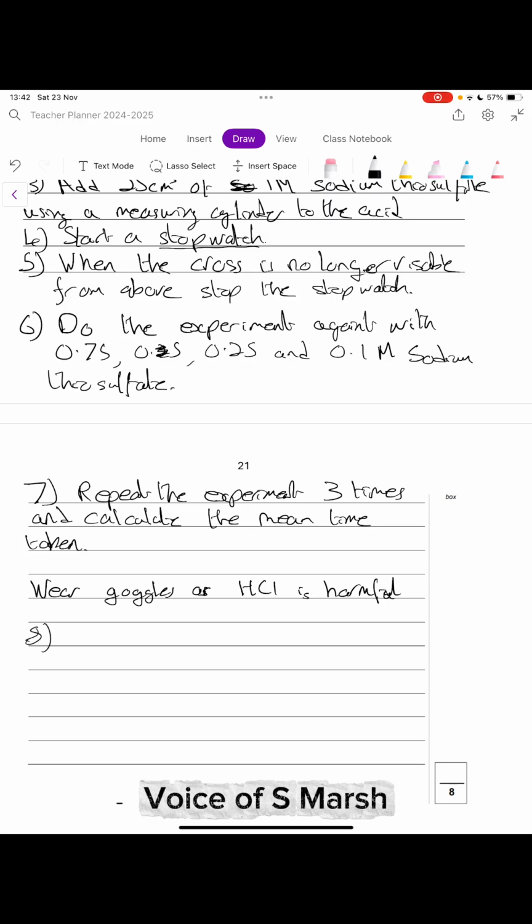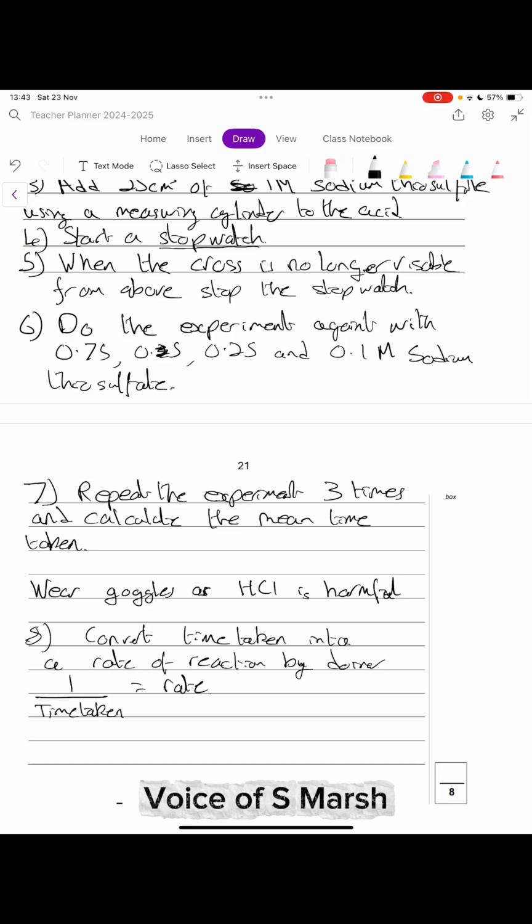And probably you wouldn't even need to say this to get 6 marks, but you can convert time taken into a rate of reaction by doing 1 divided by time taken equals rate.